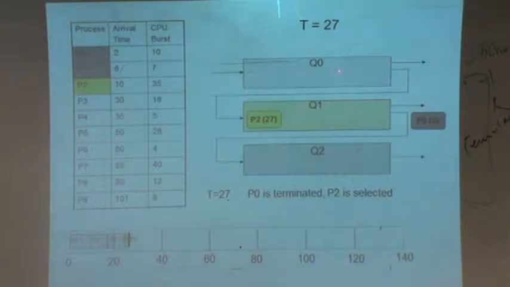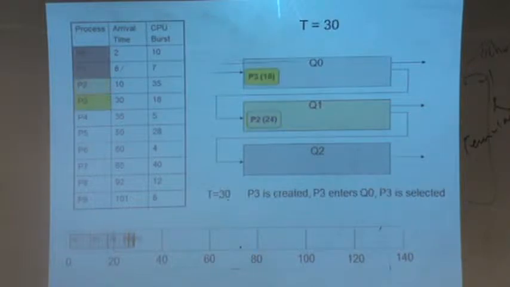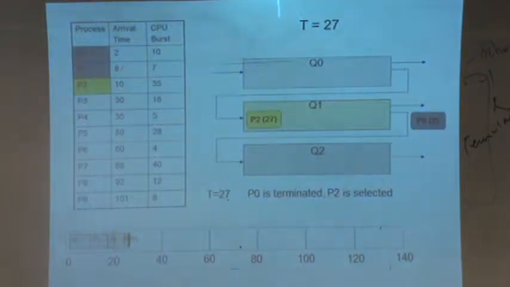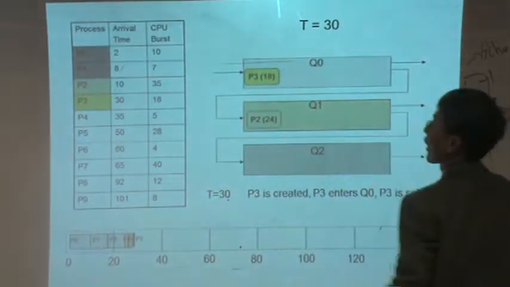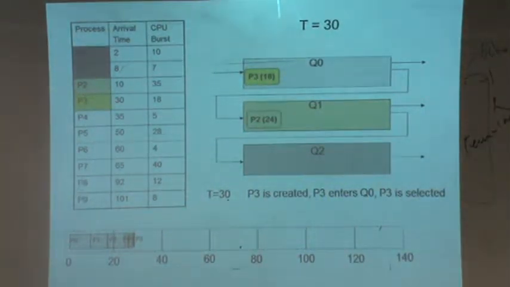At time 27, this one is the only process that can take the CPU resource. But at time 30, P3 arrives. P3 is a new process. What happened?